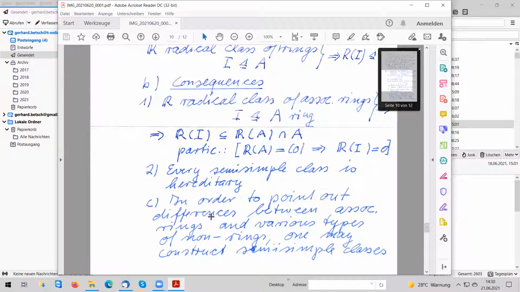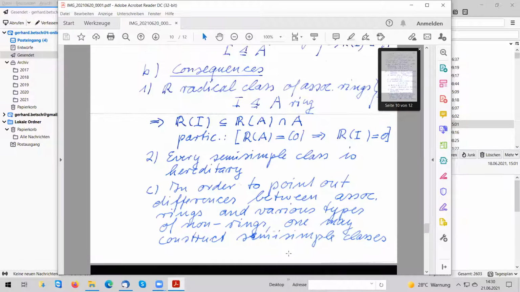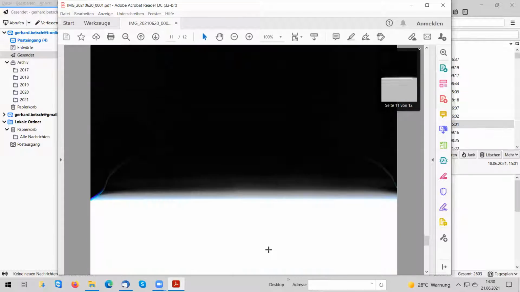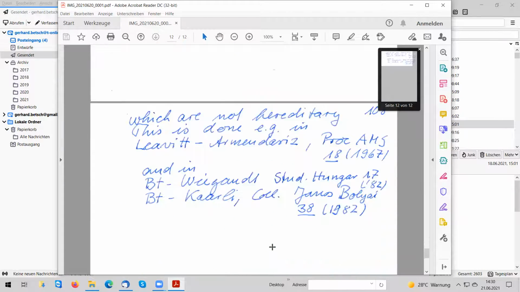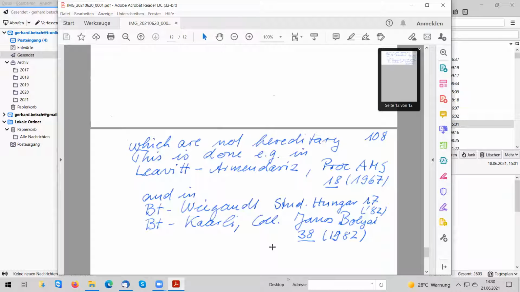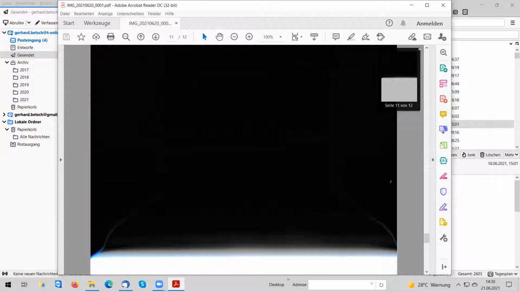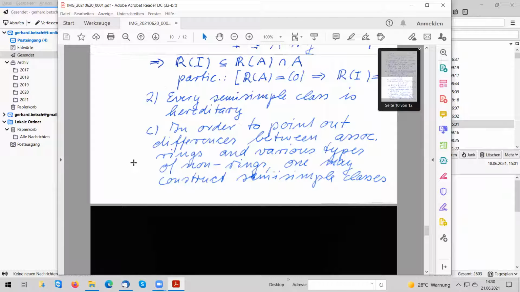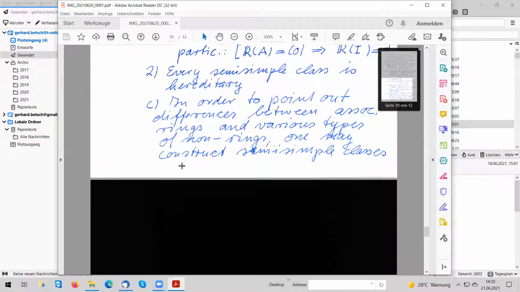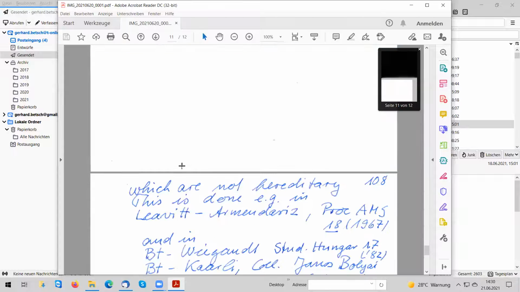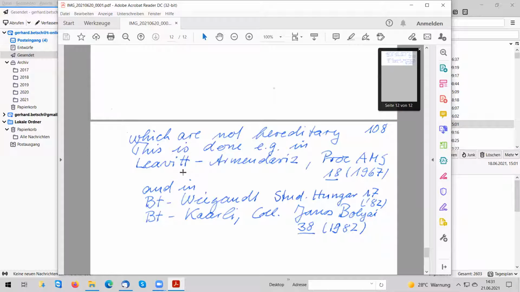In order to point out differences between associative rings and various types of near-rings, one may construct semi-simple classes which are not hereditary.